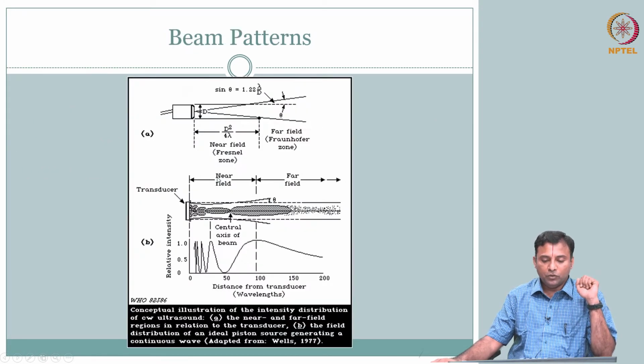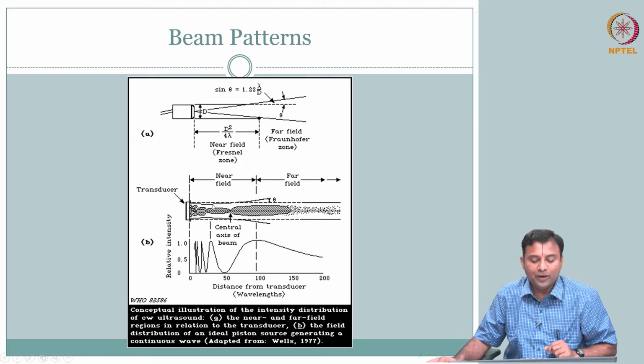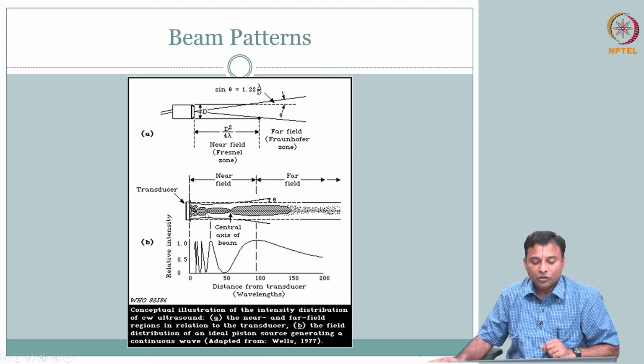So, just to circle back, complete this idea. So, now you understand what I meant. When you have this excitation from this crystal here, say in this example it is a circular transducer, you notice the beam pattern.